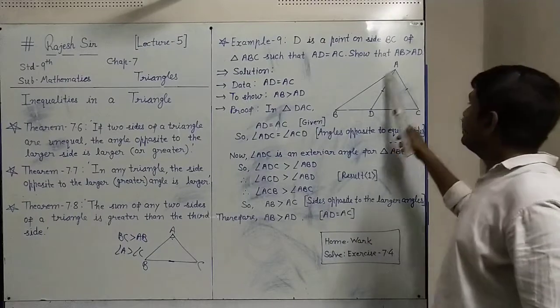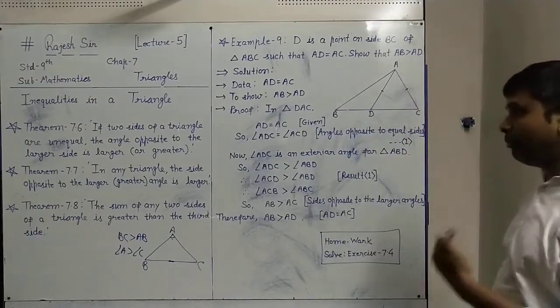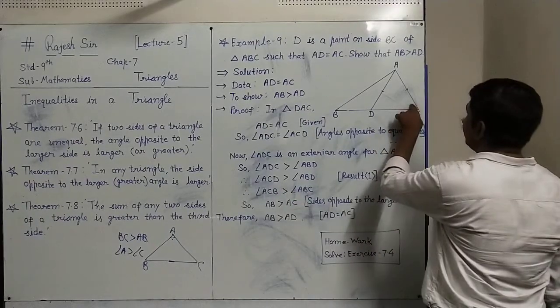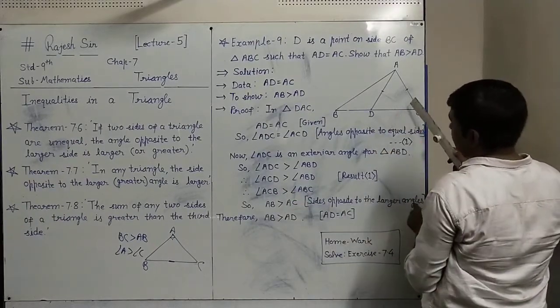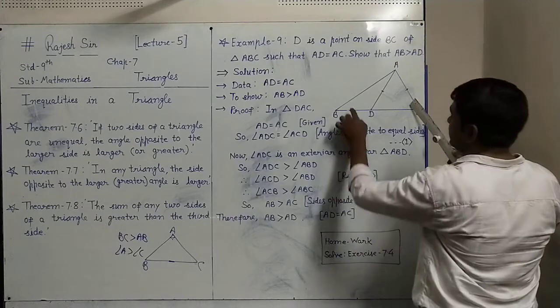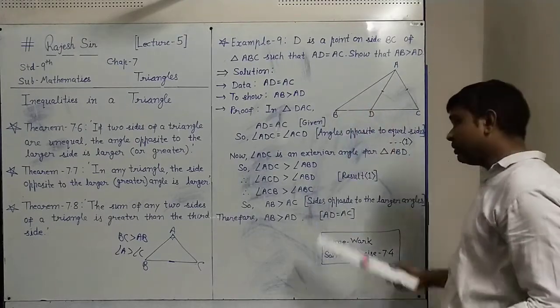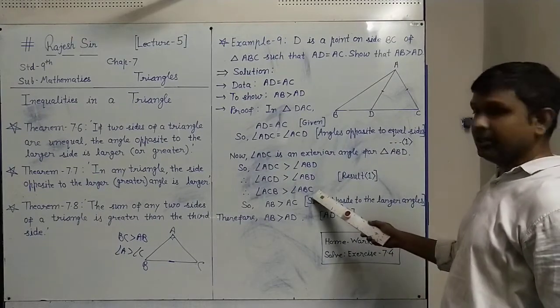Now in triangle ABC, the whole triangle, you compare. What you have seen here, angle ACB, this angle, is greater than angle ABC, this angle. Angle C is greater than angle B, that we have shown here.